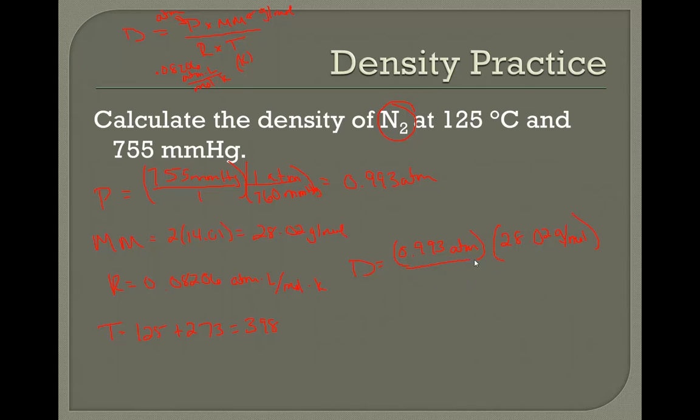R is 0.08206 atm liters per mole kelvin, and then temperature is 398 kelvin. So the kelvins cancel, the moles cancel, the atms cancel. We're left over with grams and liters. So that equals 0.852 grams per liter.